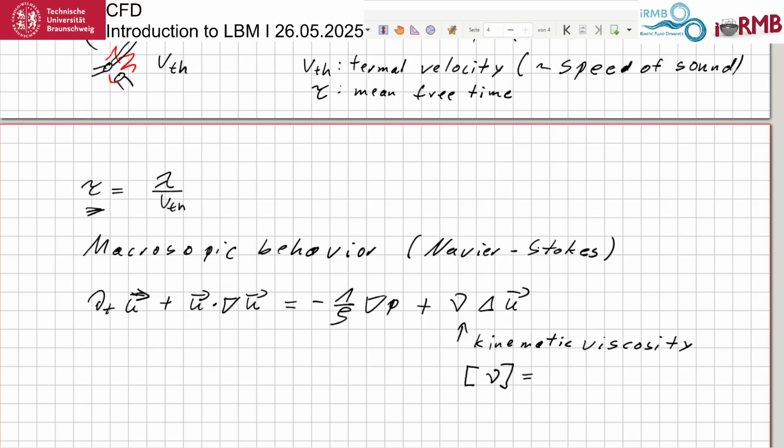Diffusion has the units meter squared per second, right? It's not Pascal seconds, this thing. And basically, you see this thing here is the only parameter in the incompressible Navier-Stokes equation that actually describes the nature of the fluid.